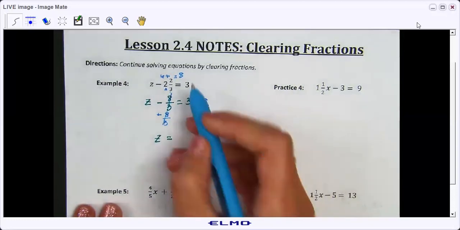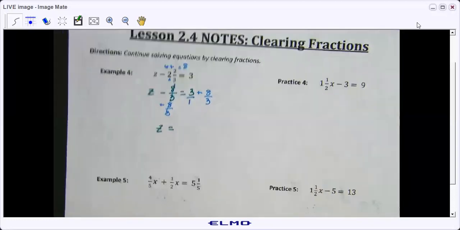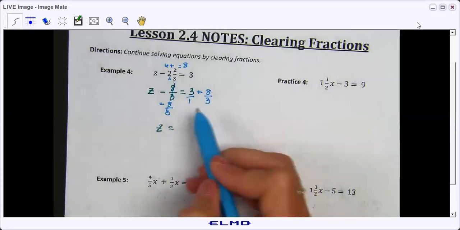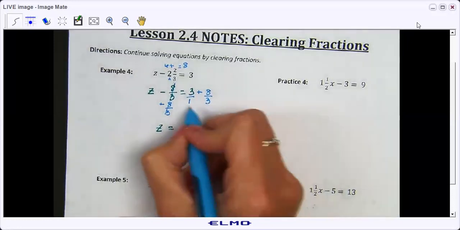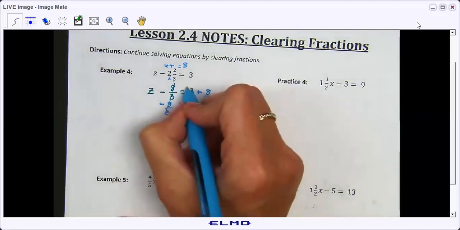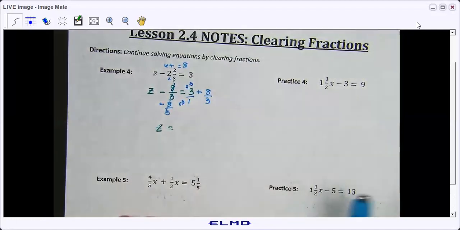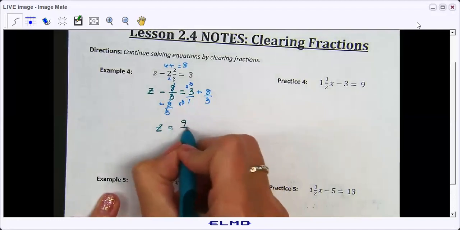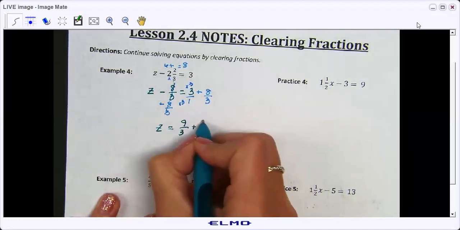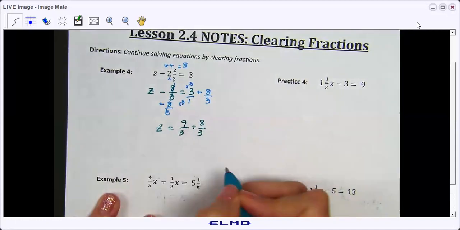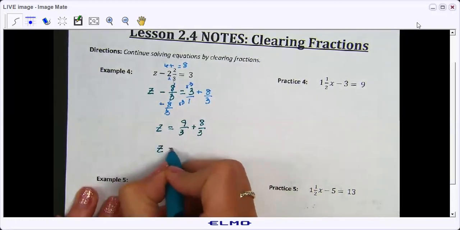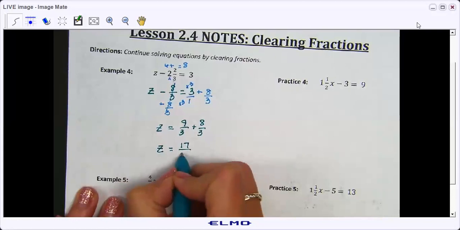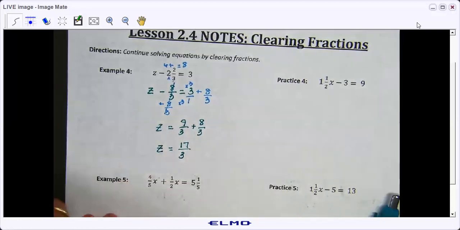So I'm going to put a 1 under this 3. And my common denominator here would be 3. So I'm going to multiply this by 3 and this by 3. So now I have 9/3 plus 8/3. And z equals 17/3. Please keep them as improper fractions.